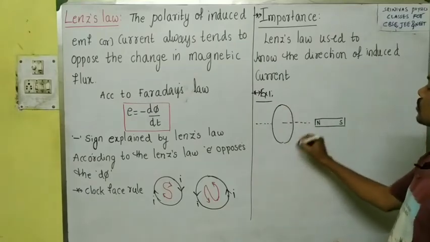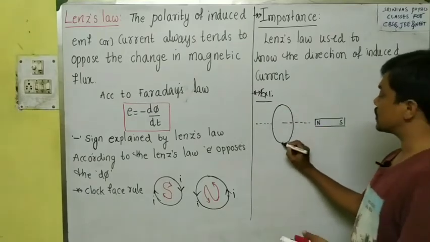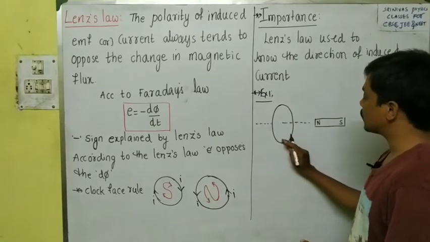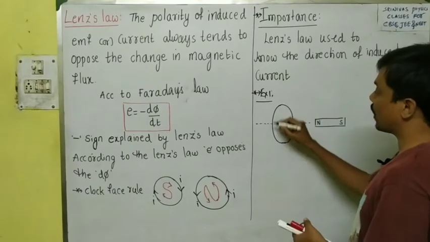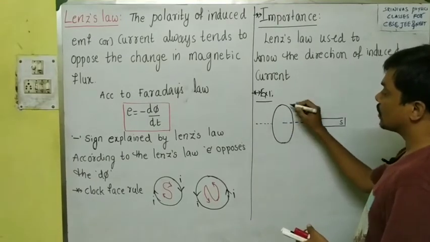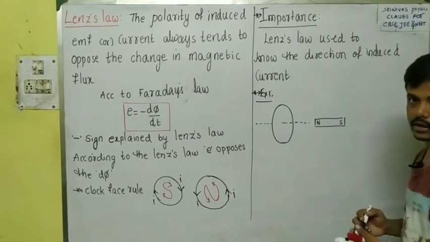In this loop there is no battery and actually there is no current. This is an insulated wire made into a loop.